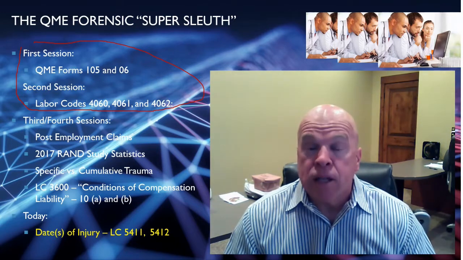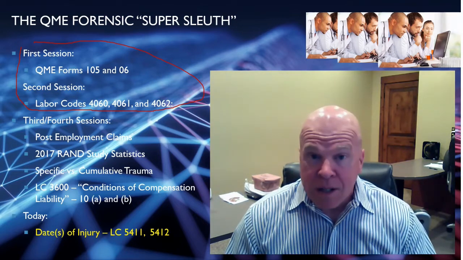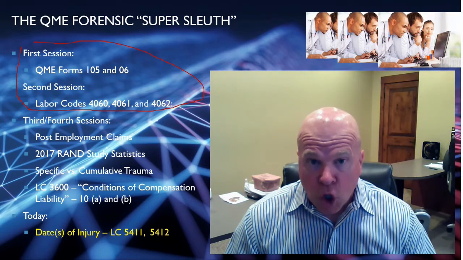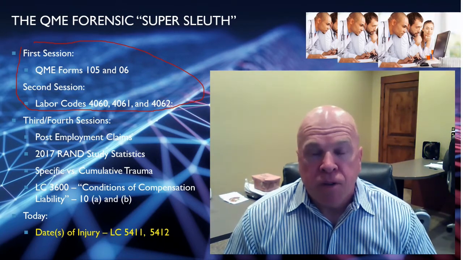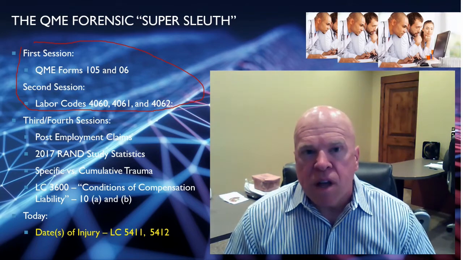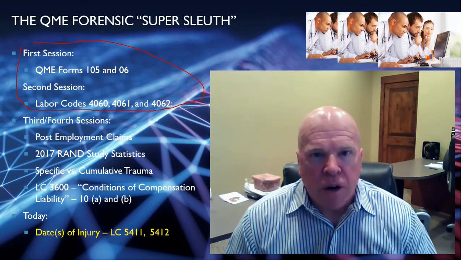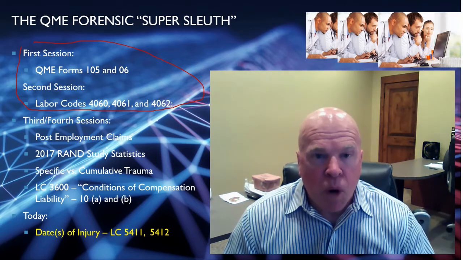So Labor Code 3600 was written and passed by legislators and lawmakers who found it necessary to prohibit the filing of claims for industrial injury post-employment. Why is that? Why would lawmakers, in their infinite wisdom, prohibit the filing of claims post-employment?